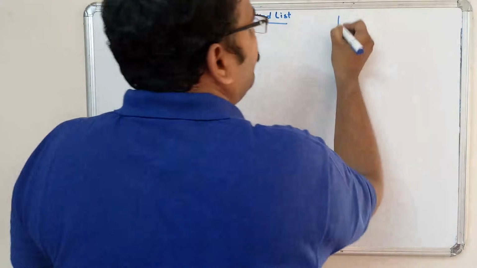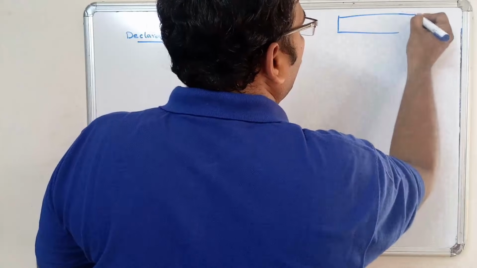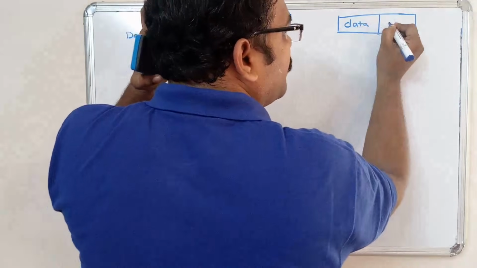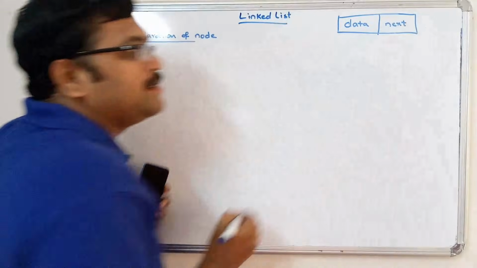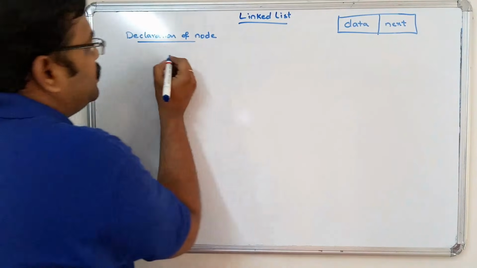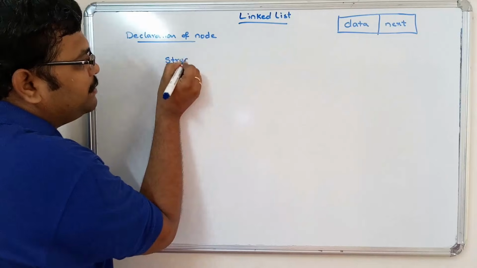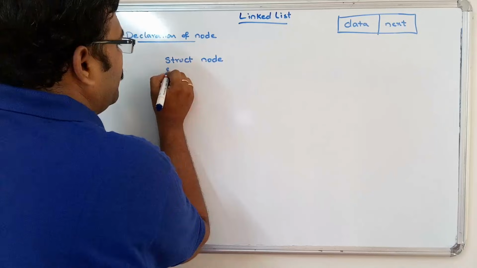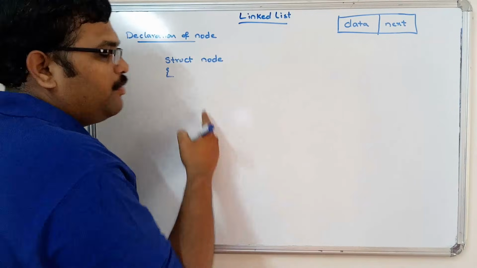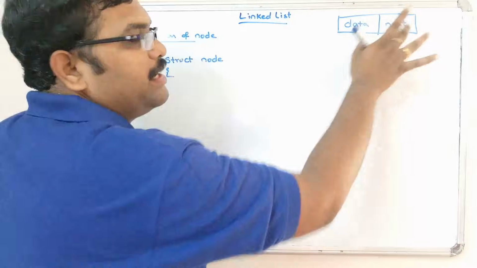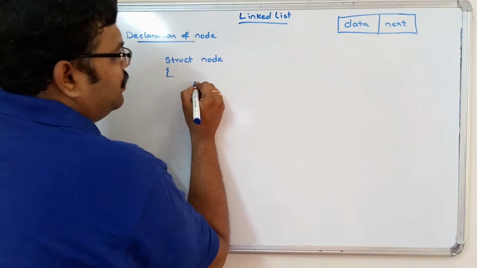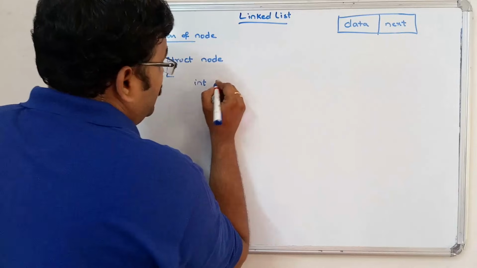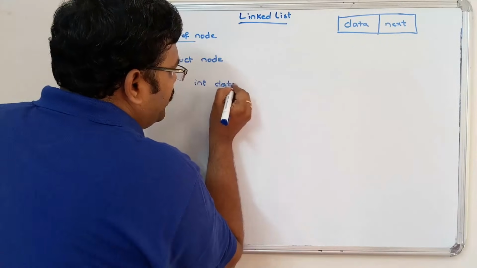Here we will write data and next. We can simply write struct node. We have to create two things. One is data, next. So simply we can write an integer value, int data.